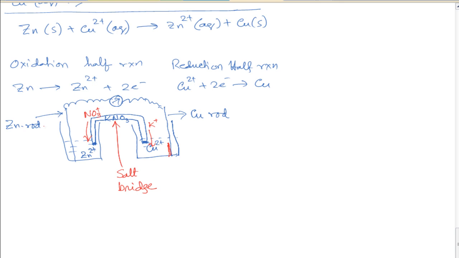And the side where the zinc metal is getting oxidized to the zinc ion is called the anode half cell. And the side where the copper rod is getting reduced is called the cathode half cell.